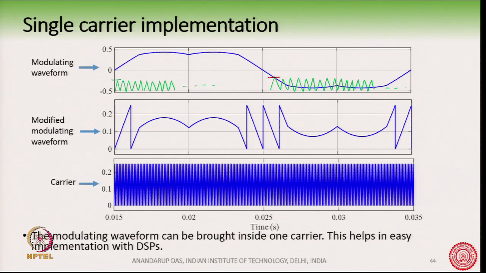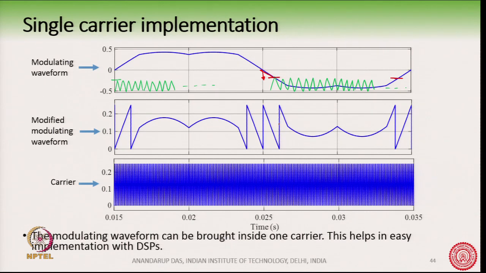The modulating waveform is actually crossing the boundary of the lowermost carrier at these 2 points. So, if I have to bring it down, whenever it is going up here, I will push it down here and bring it inside the carrier, keeping in mind that I have done a single push in this case. So, I have pushed it down.